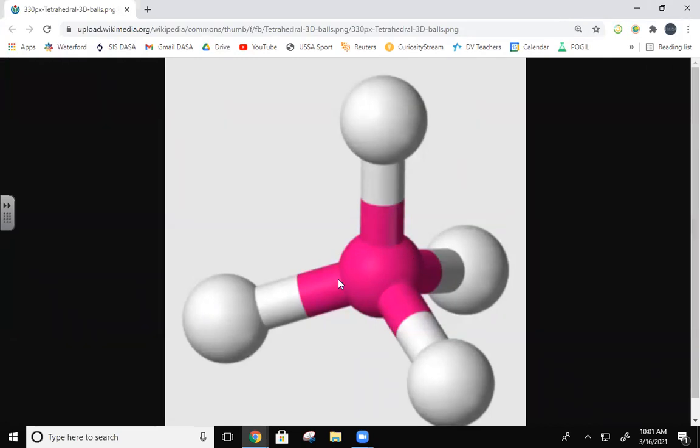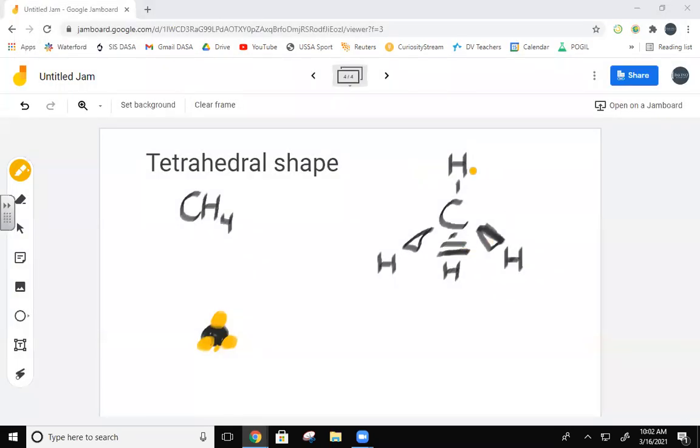So here's the carbon, and the hydrogens around the carbon. Okay? So that's what it looks like if we write it out. This is Mr. Croshaw's very, very poor representation. I tried. Thanks, Trinity. Okay. Tetrahedral.